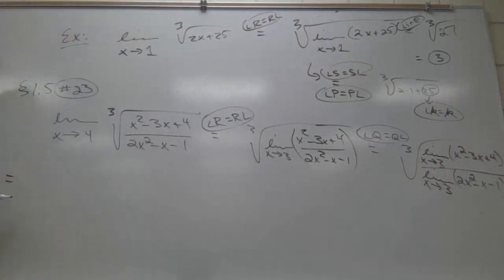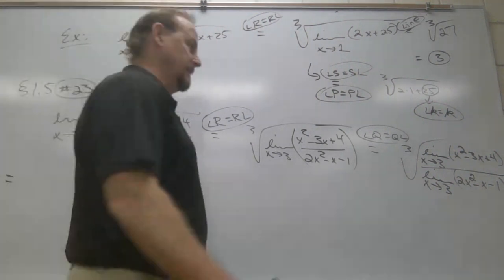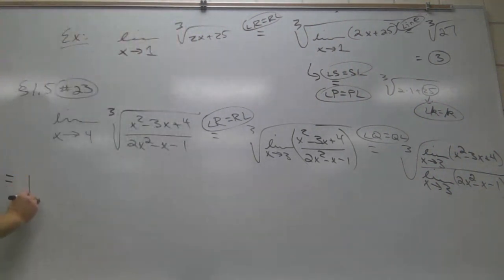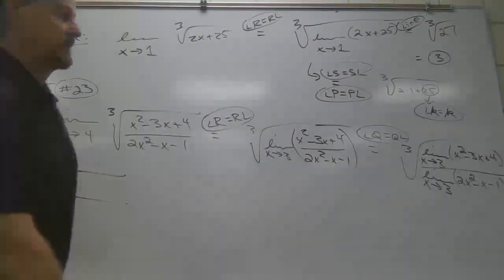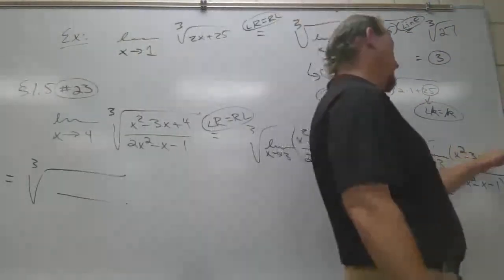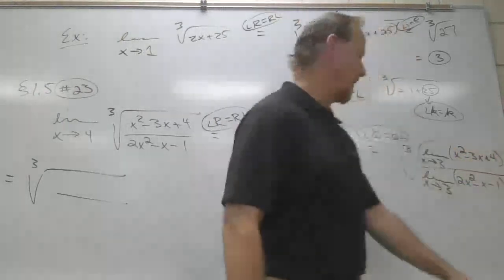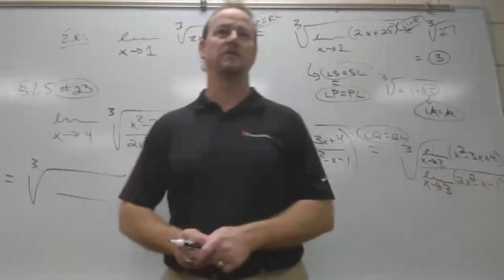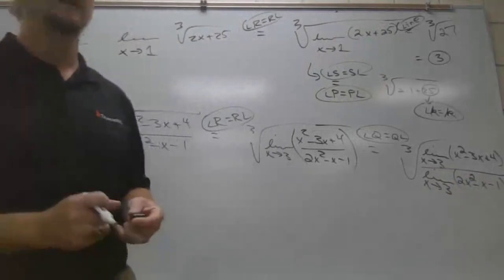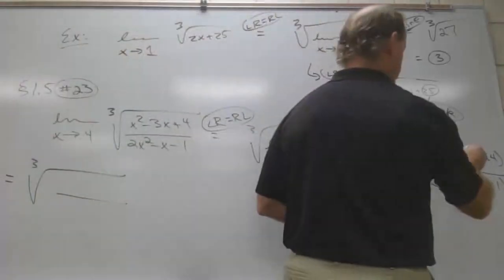Now, what is this going to equal? How can I make that better? I'll give you a hint. We know how to deal with lines, right? The minus 3x plus 4 and the minus x minus 1, those are lines, aren't they? But then what do I have in front of them?